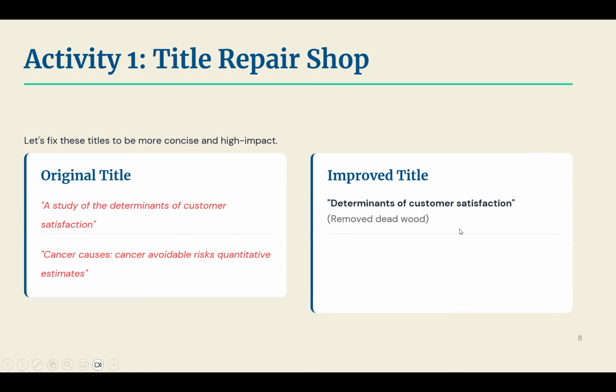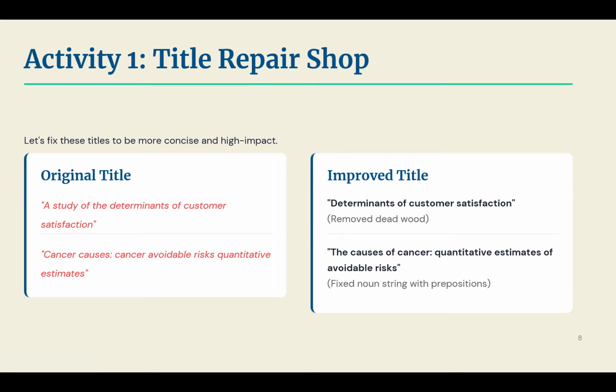Look at the second one. Cancer causes. When you say cancer causes, the absence of an article and perhaps a missing preposition makes it unclear.